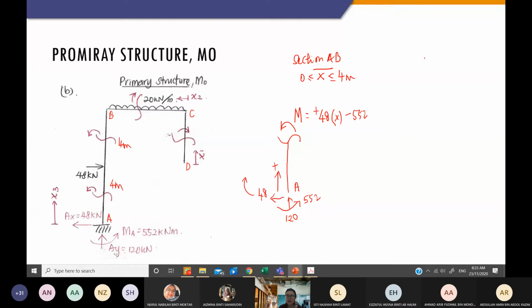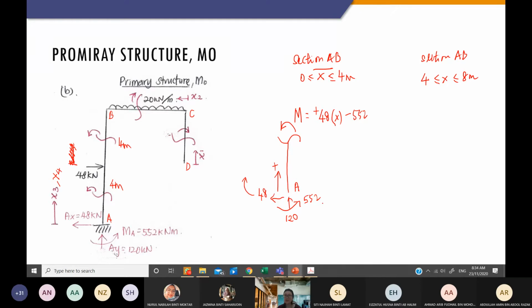Now I'm going to look at another section also from AB, but it starts at 4 meter and ends at 8 meter. It depends on where you want to start your X. If you want to start your X from here, then your X range will be from 0 to 4. But I do not do this. I start both from A.